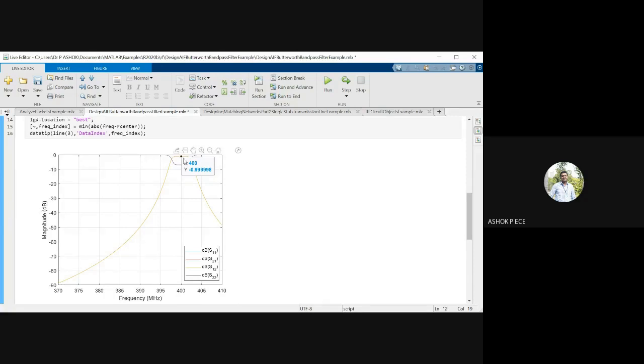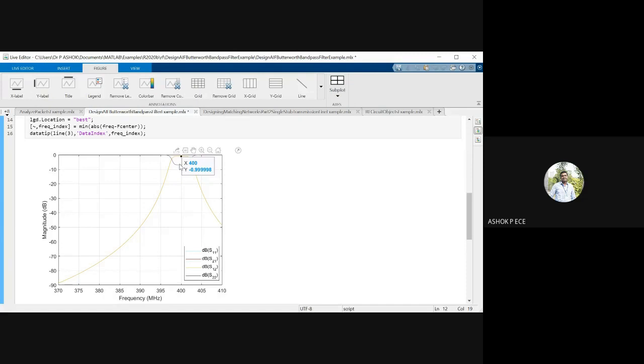And at the same frequency, 400 megahertz, you find this value is minus 10.